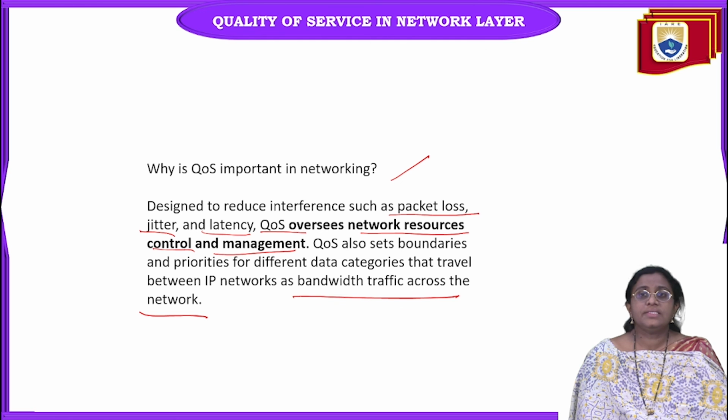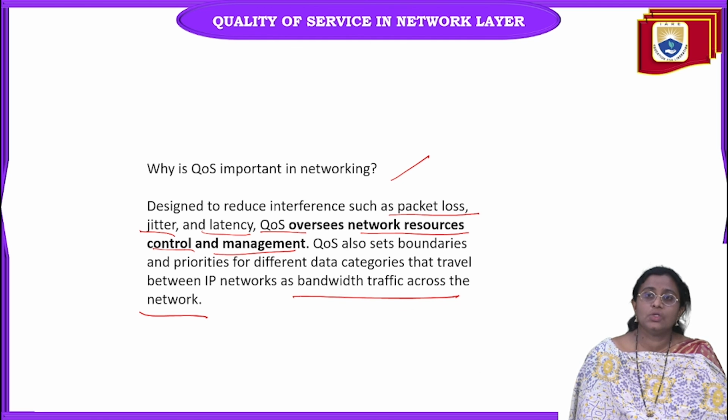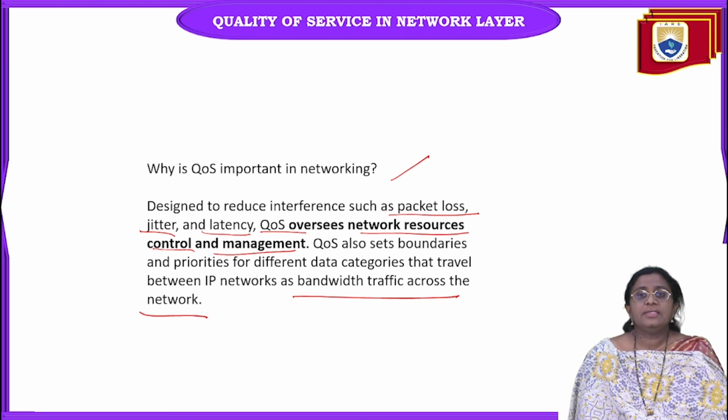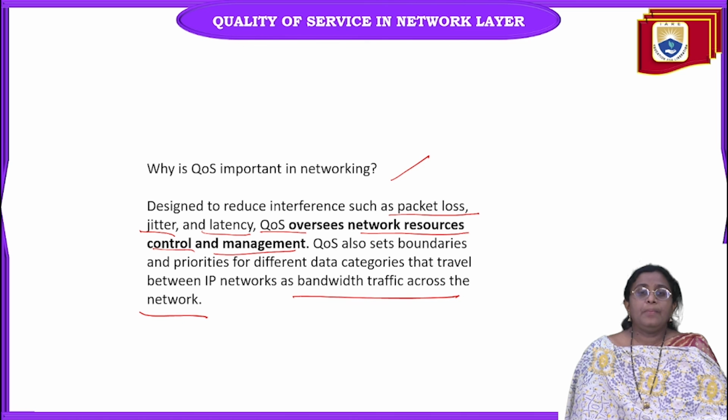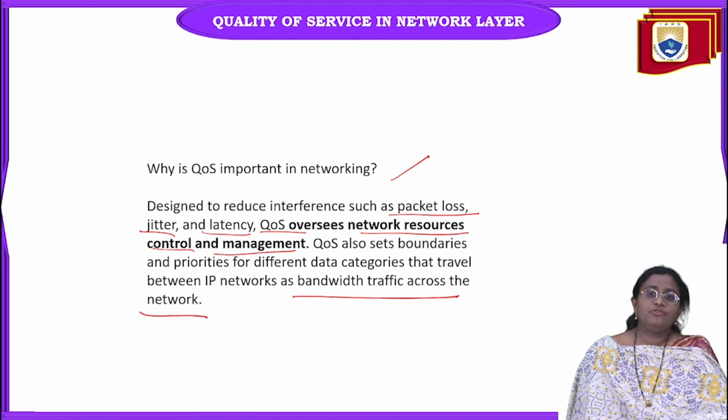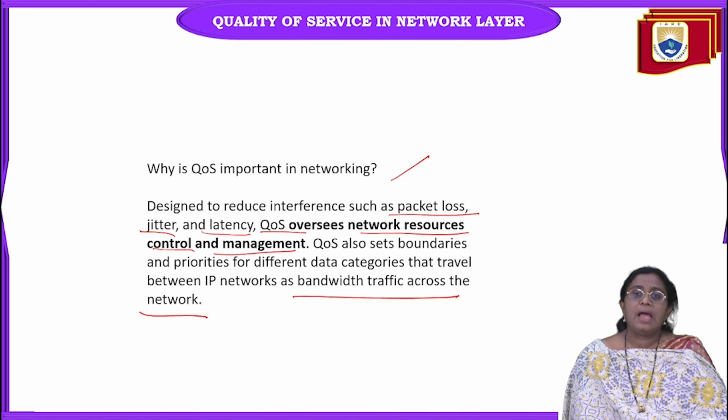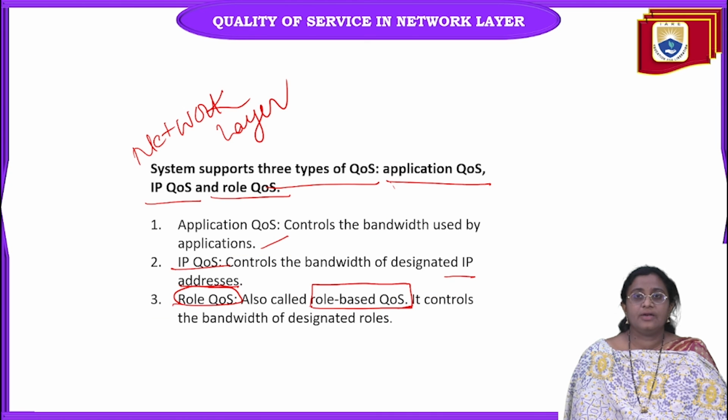And why QoS is important: it is not only in the domain sector but also in international overseas network resources, and it controls all the capabilities and management of IP networks, with factors like bandwidth and traffic across the networks.